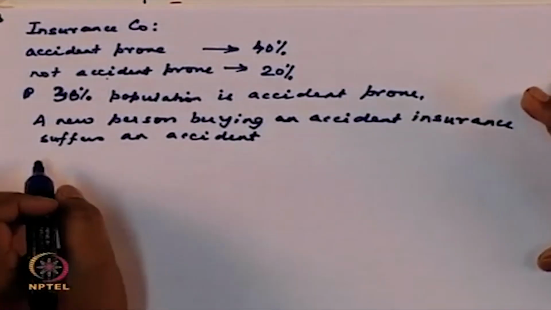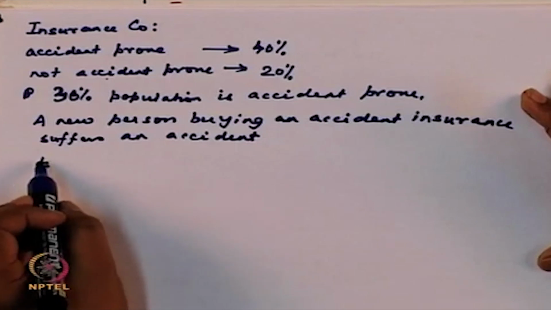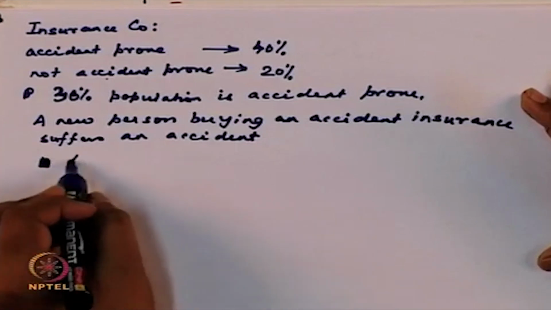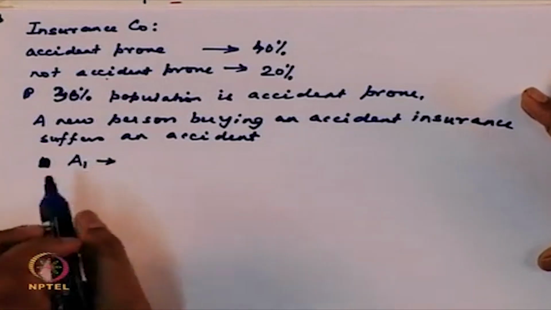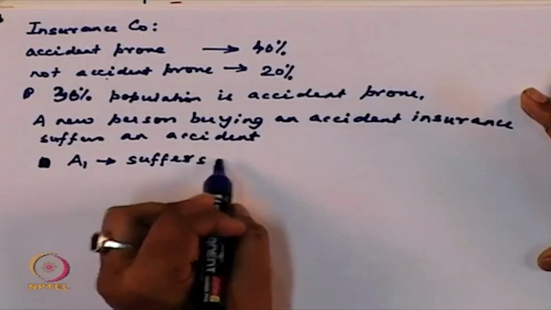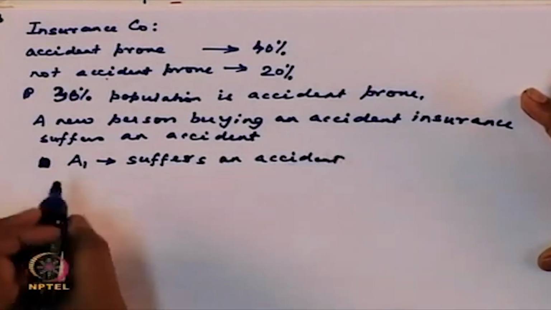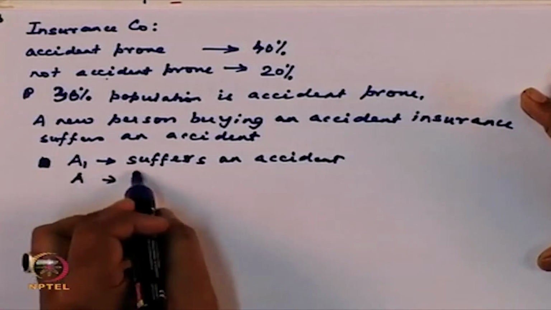So, we have to define an event. Let us say we define an event A1: the person suffers an accident, and A: the person is accident prone.